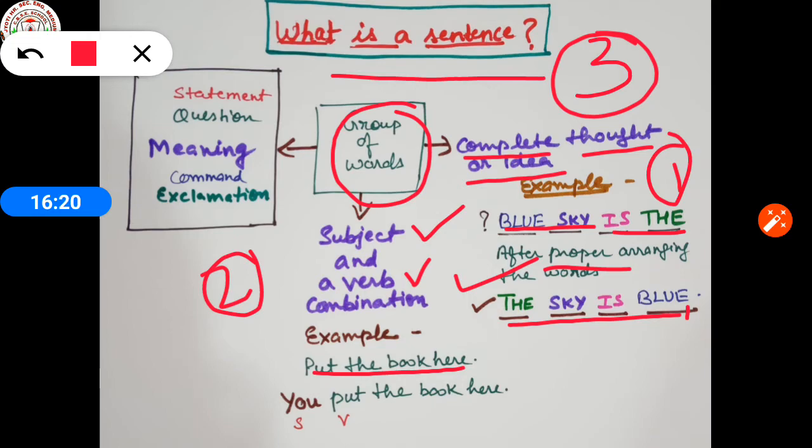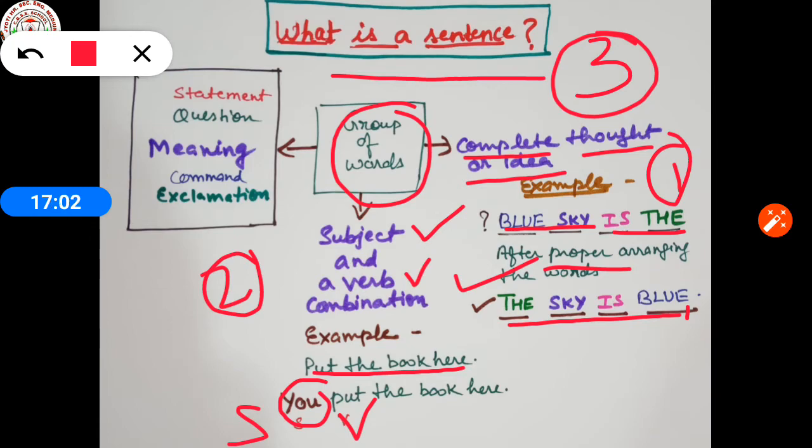In this sentence, the subject is not present. But when we imply "you," that is the subject. Now the whole sentence is: you put the book here, and here "you" is the subject and "put" is the verb.